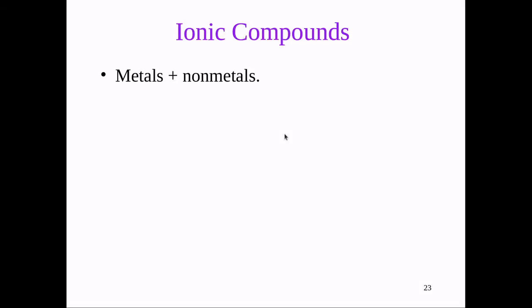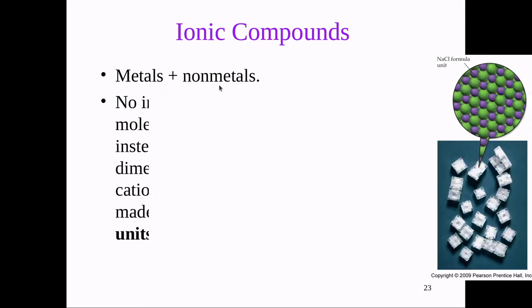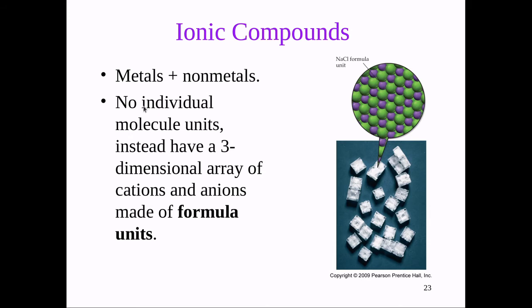Ionic compounds are indicated when you have metals bound to nonmetals. You're going to have no individual molecular units. Instead, you have this three-dimensional array of cations and anions made of what we call formula units.